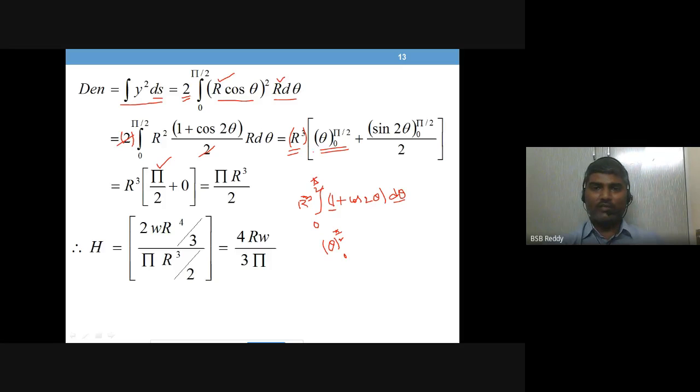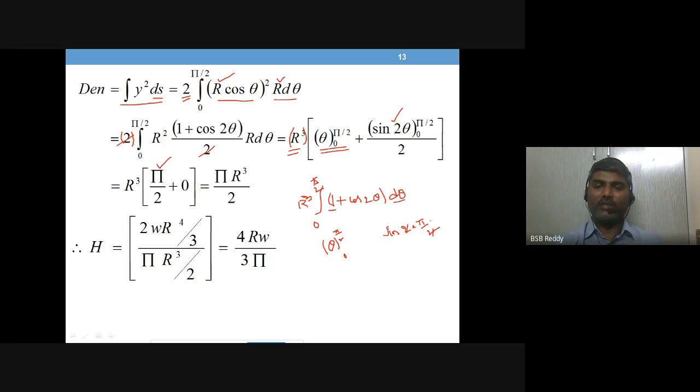What about the second term? The integration of cos 2 theta d theta is sine 2 theta by 2, with limits 0 to pi by 2. Substituting the upper limit, sine of 2 times pi by 2 means sine pi, since theta is pi by 2.